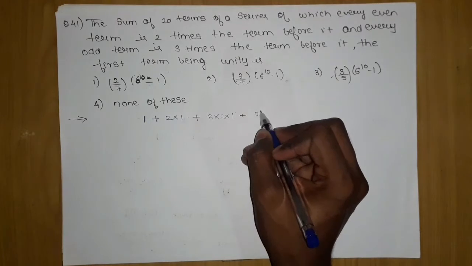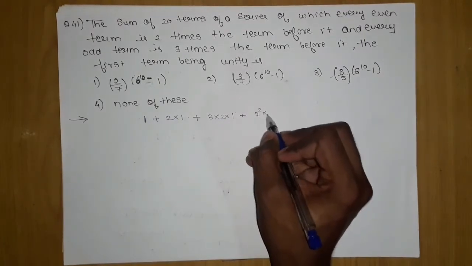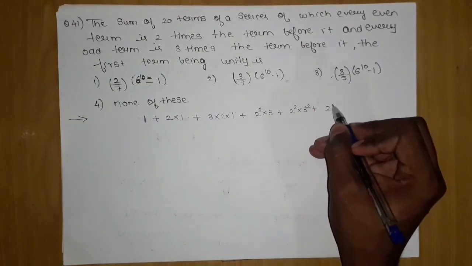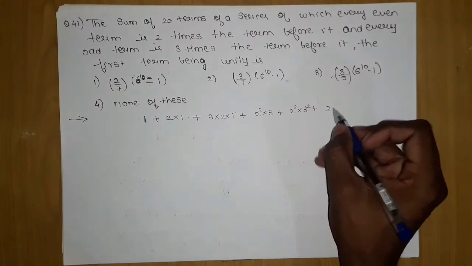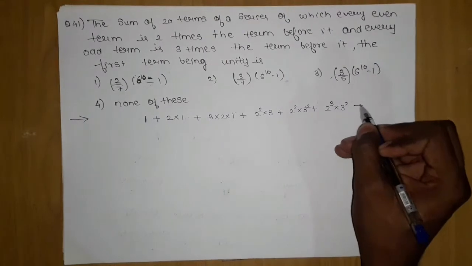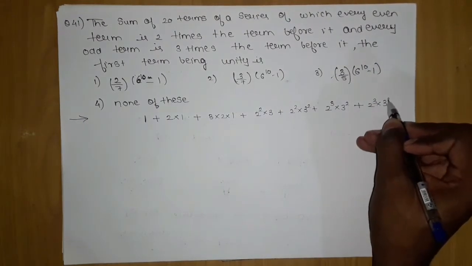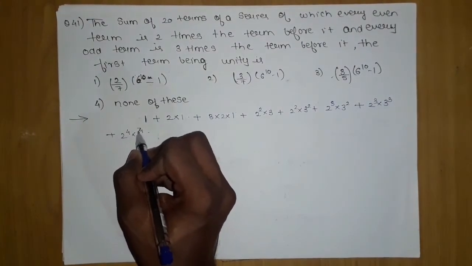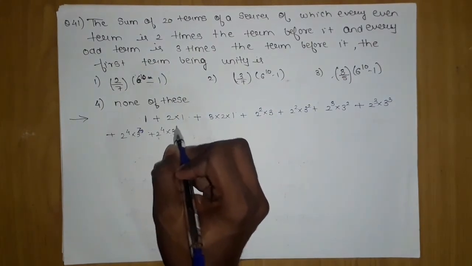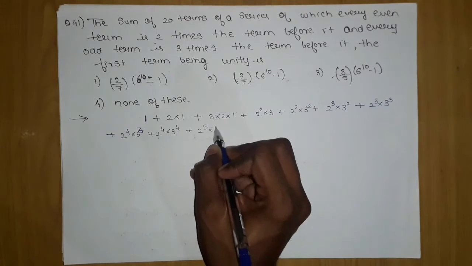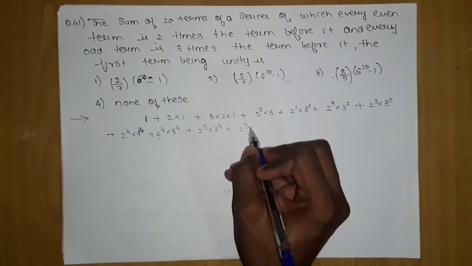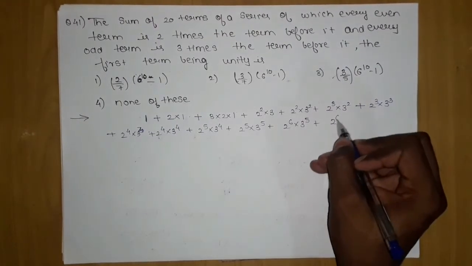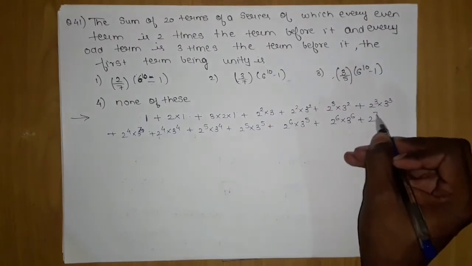After this you can clearly understand it will again be an even position term, so 2 square into 3, then 2 square into 3 square, then 2 cube into 3 square, 2 cube into 3 cube, 2 power 4 into 3 cube, 2 power 4 into 3 power 4, 2 power 5 into 3 power 4, 2 power 5 into 3 power 5, 2 power 6 into 3 power 5, 2 power 6 into 3 power 6, and 2 power 7 into 3 power 6.